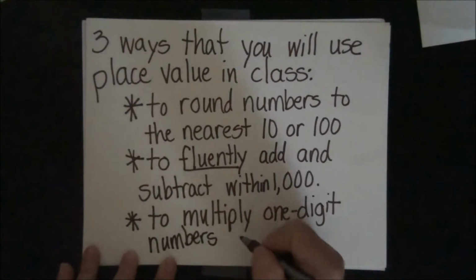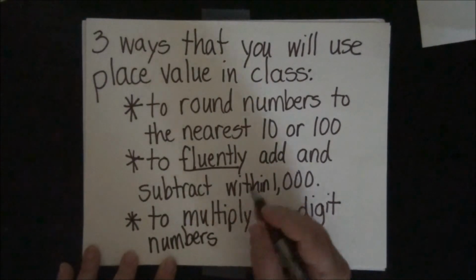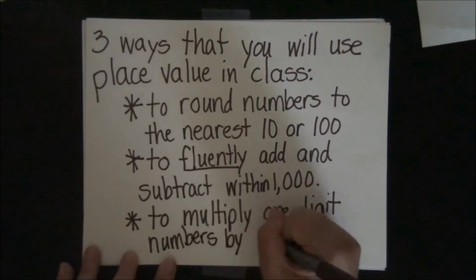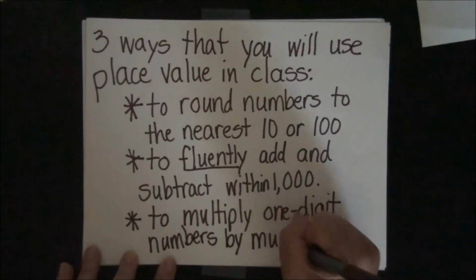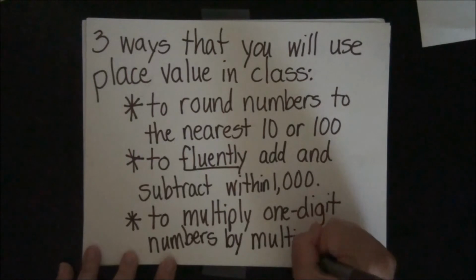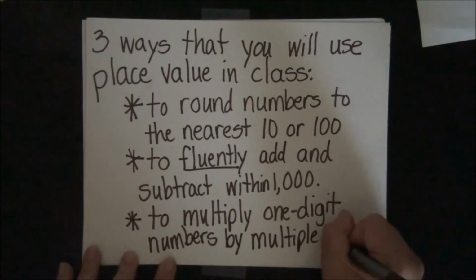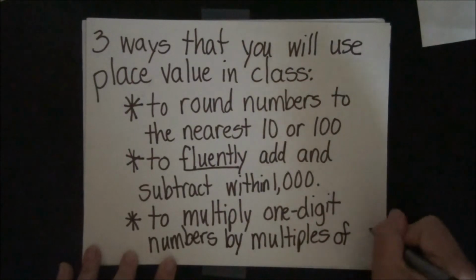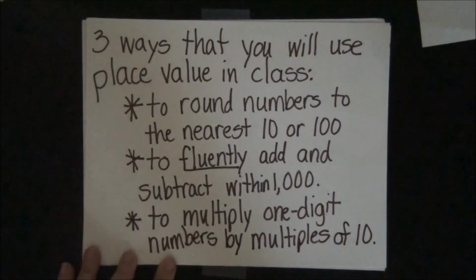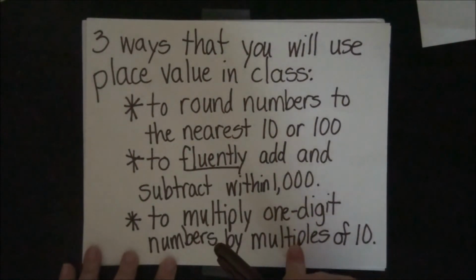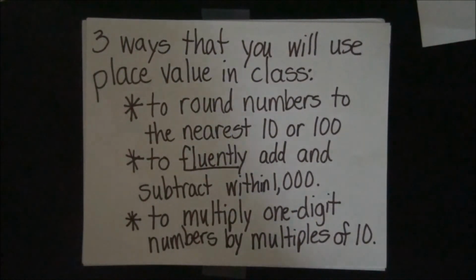Numbers, ooh, getting to the bottom of the page, so my printing is getting sloppy, I'm sorry. By multiples of 10. And guess what? We're not going to worry about what that means right now because we're not going to be doing that for a little while. Just know that you are going to need place value in order to do that. So something about multiplying. You will need place value even for multiplication.